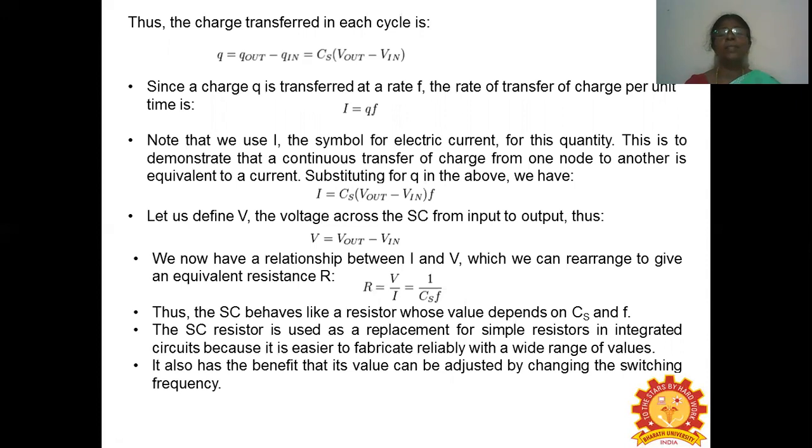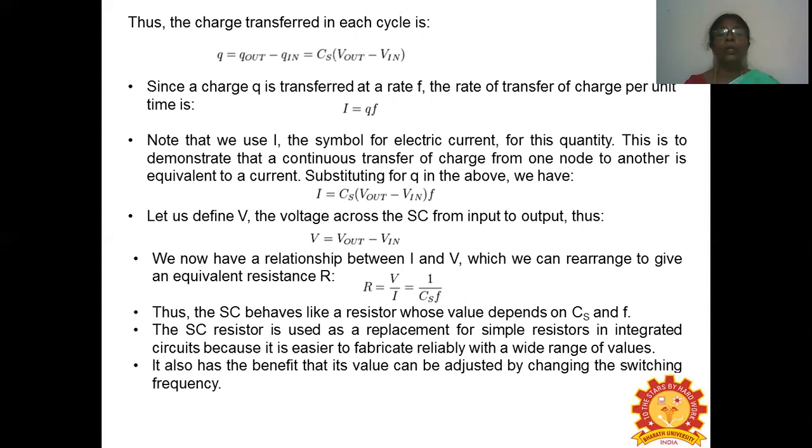Since a charge Q is transferred at a frequency rate F, the rate of transfer of charge per unit time is nothing but current I. So we can represent that by the equation I equals Q times F. Here I is the current and F is the switching frequency.